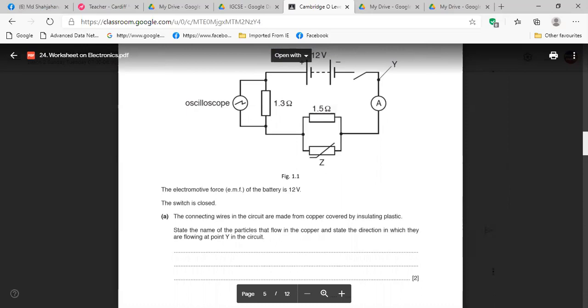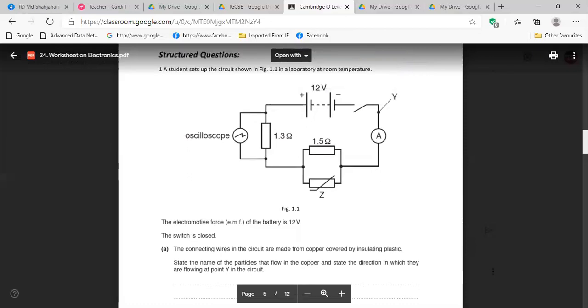Electrons. And state the direction in which they are flowing at point Y. From right to left. Very good. So it's easy, right?